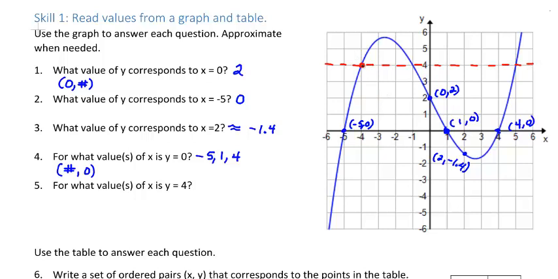That actually occurs in 3 different points: at -4, at -1, and at 5. So the x values then are -4, -1, and 5.